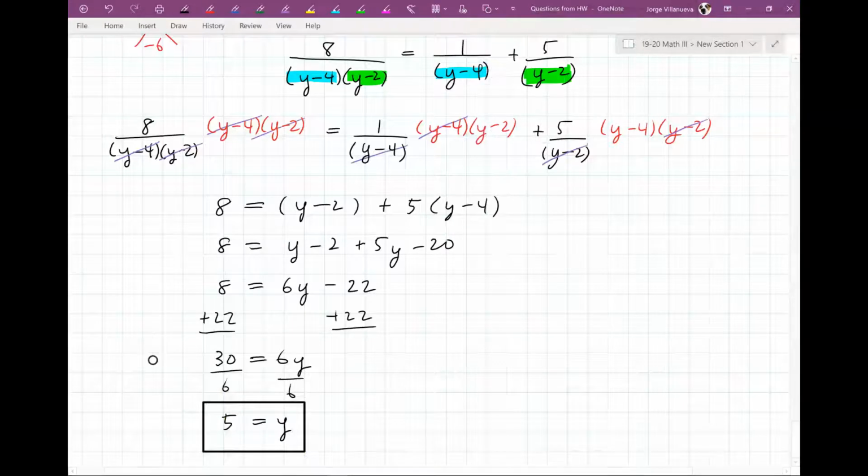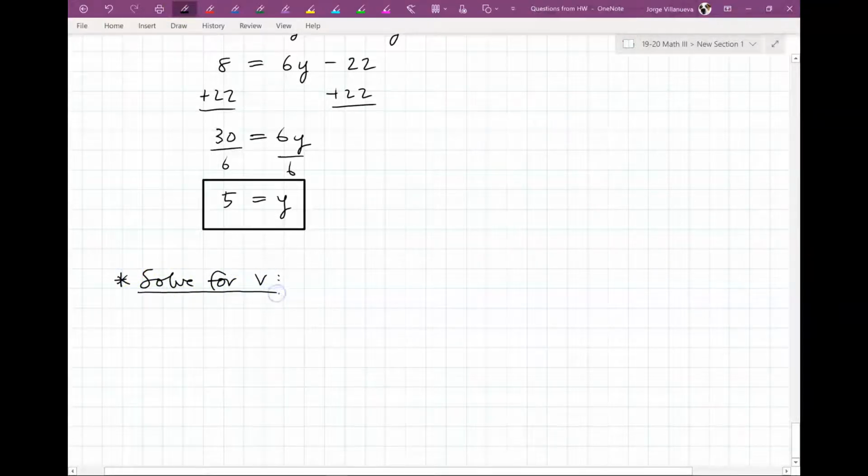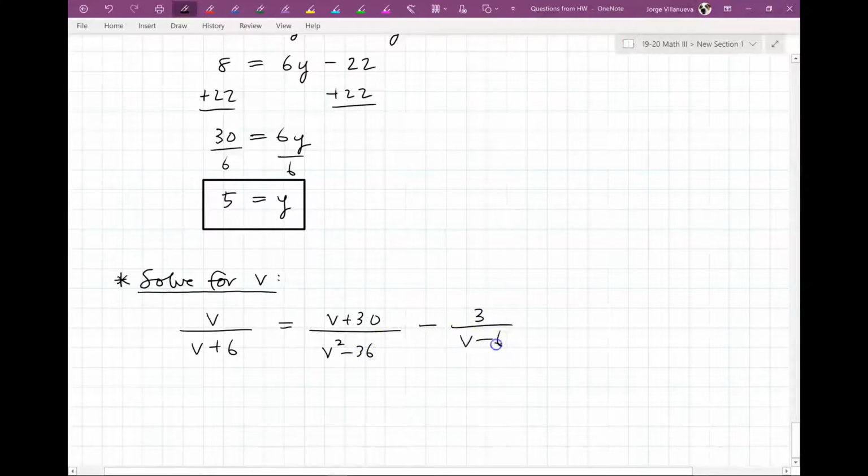So we had one more question that was asked. And let's write this out really quick. We're solving for V. Okay, so V over V plus 6 is equal to V plus 30 over V squared minus 36, minus 3 over V minus 6.